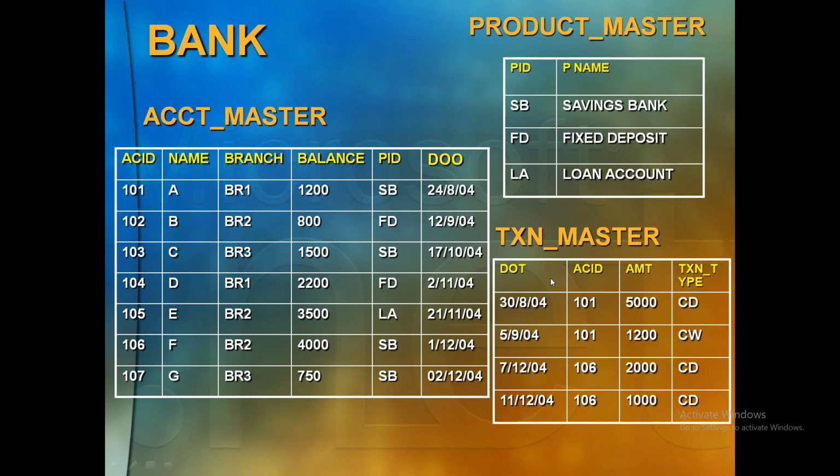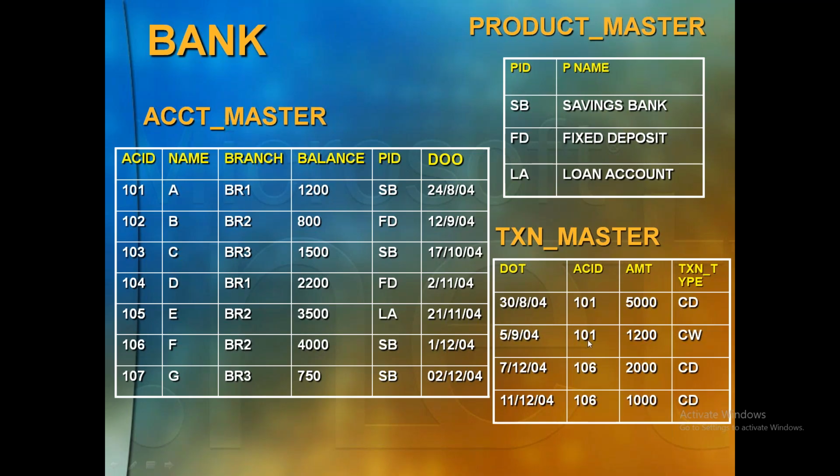I do transactions. There's a transaction master table with date of transaction, account number, which is a primary key in this table and a foreign key in this table, and the amount. CD means cash deposit, CW means cash withdrawal, that is the transaction type. So one customer can do many transactions. This is a one to many relationship. Clear? One account, one customer can do many transactions. So one to many, and this is the primary key and this is the foreign key.